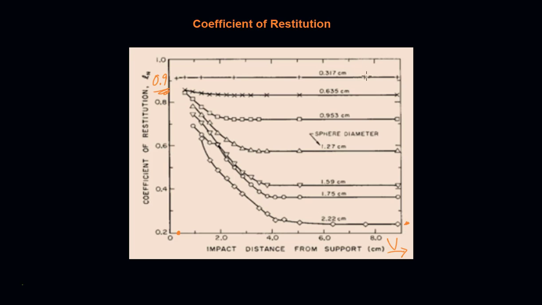And here we have plotted the diameter or size. So as the size increases, we see the coefficient of restitution decreasing, and as the velocity of impact increases, we also see the coefficient of restitution decreasing. So all of these play a role.